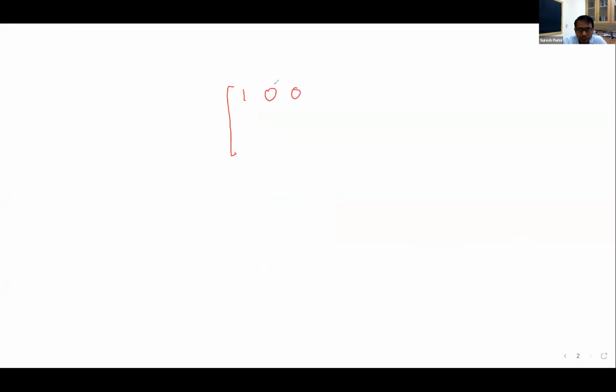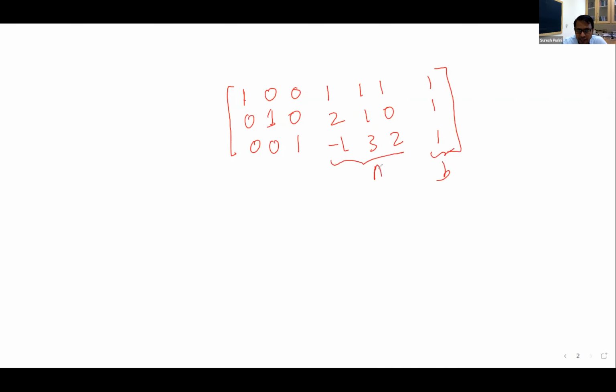So the original matrix is 1 0 0, 0 1 0, 0 0 1. I don't want the identity matrix, this has some interesting matrix. I don't know whether it will work or not. Let's see. 1 1 1, 2 1 0, minus 1 3 2, and maybe I'll just keep B. So this is B, this is A, this is the identity matrix.